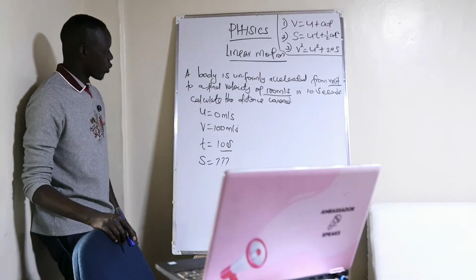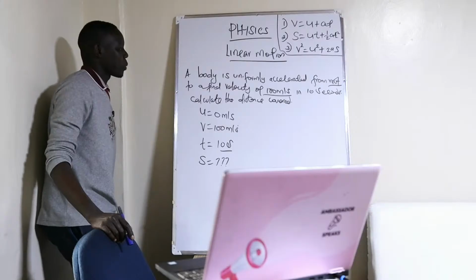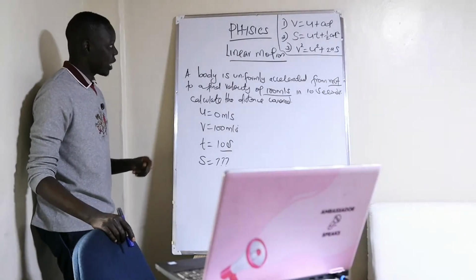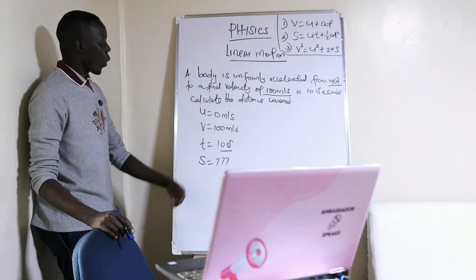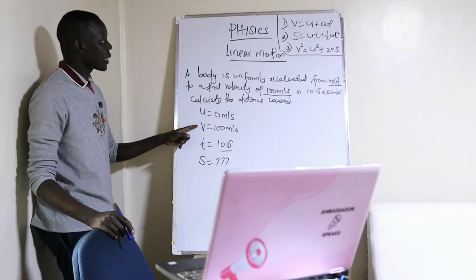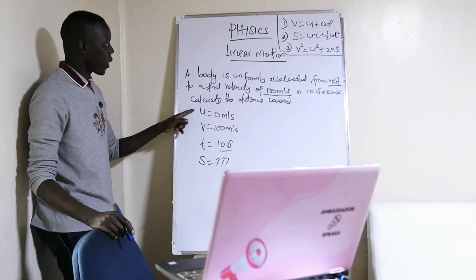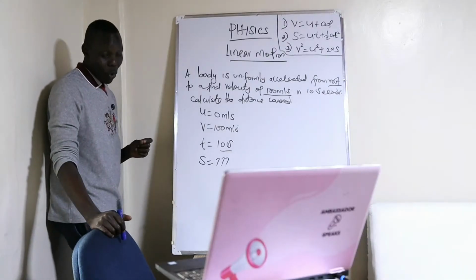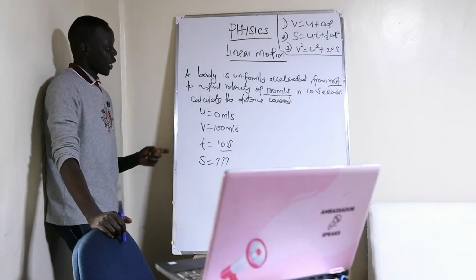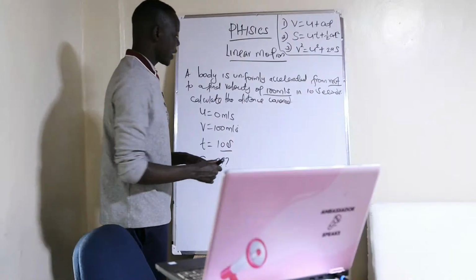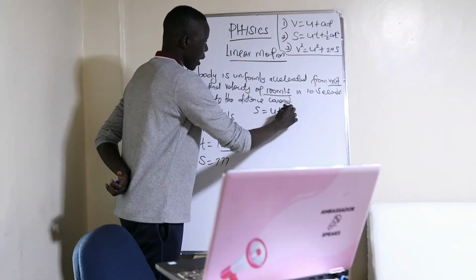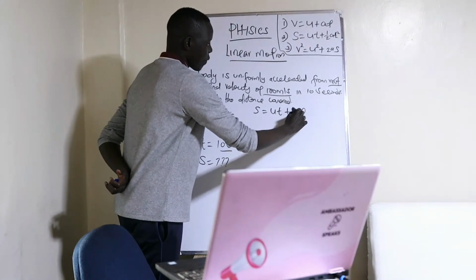That one can still work out very well because we can get the acceleration: acceleration is v minus u over t. What about the other two? v squared is equal to u squared plus 2as. So in this case, we can use either the second or the third equation. Let's use the second equation, that s is equal to ut plus half at squared.